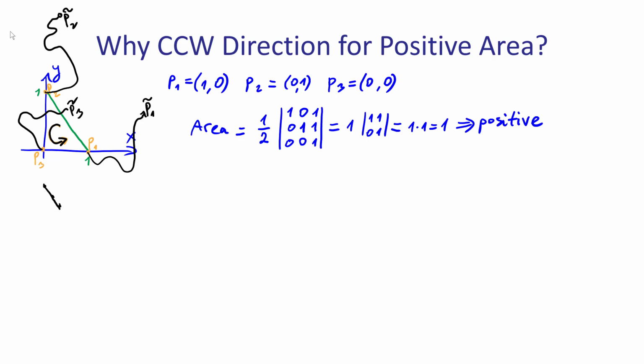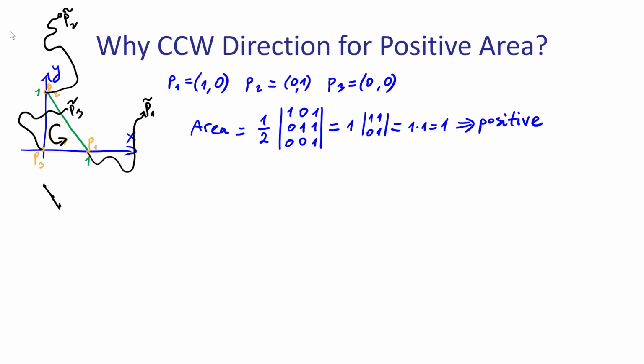In other words, the determinant will keep its positive sign, because to change continuously from a positive value to a negative value, it has to pass through 0. And this is impossible because we prohibited collinear points. In conclusion, counterclockwise direction of points will give you a positive triangle area all the time, no matter what kind of triangle you choose.